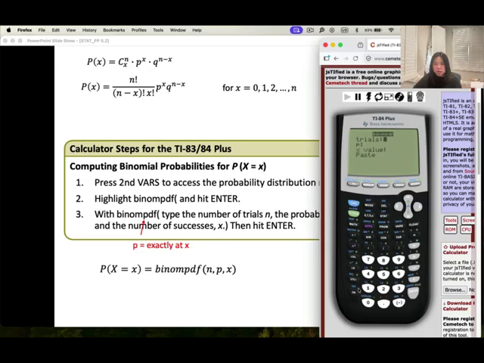And then n will be equal to 10, p will be 0.20, and the value of x equal to 3. And then click on Paste, enter. So you're going to get 0.2013. That means the probability that 3 of you win the free burgers will be 0.2013.